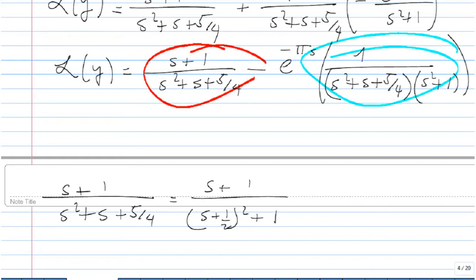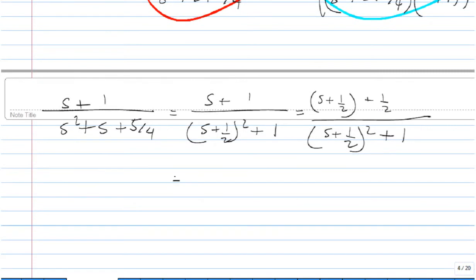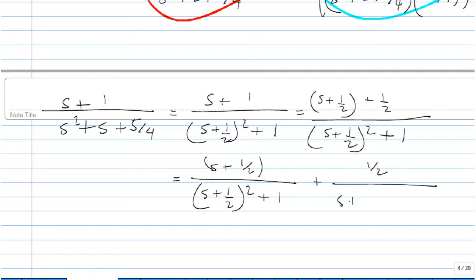In order for us to use the sine and cosine, I need s plus 1/2, so I get s plus 1/2 plus 1/2 over s plus 1/2 squared plus 1. And now we divide. So this gives me s plus 1/2 over s plus 1/2 squared plus 1, plus 1/2 over s plus 1/2 squared plus 1.